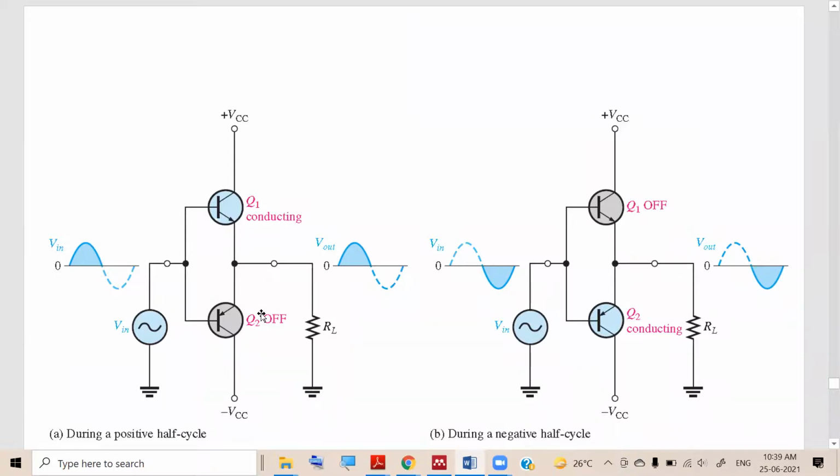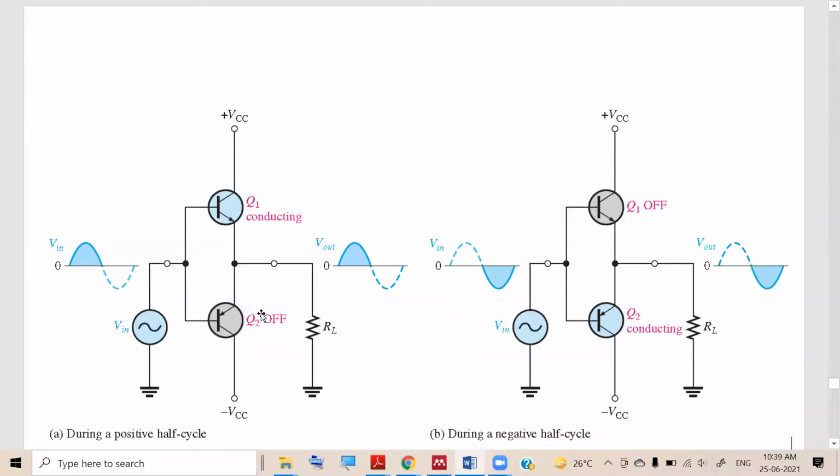In any of these amplifiers, during the positive half cycle, that is the first half cycle, Q1 is conducting, Q2 is off. In the second half cycle, Q1 is off, Q2 is conducting, right? So the same mathematical analysis is valid for both circuits.